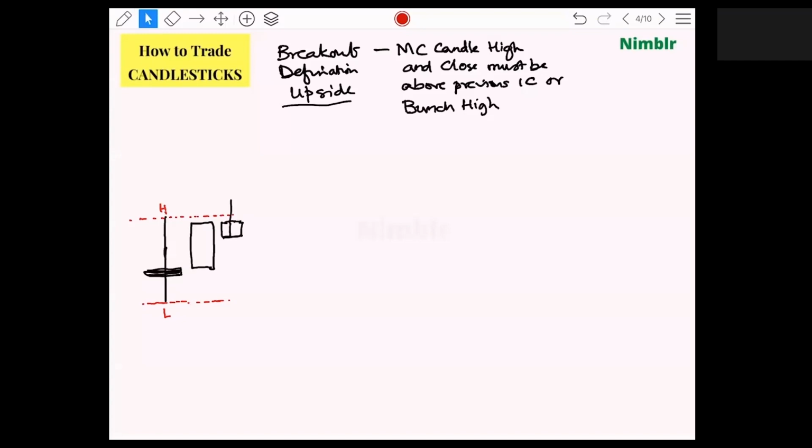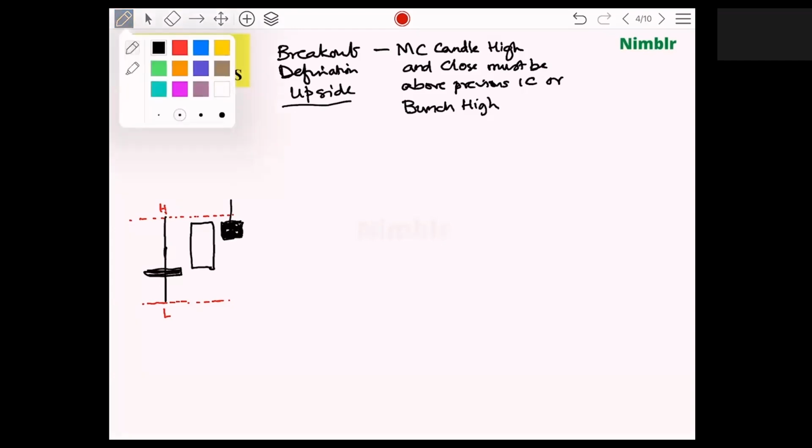Right? So this is what actually happens. And therefore, we say that probably here the candle closing is about here. We say this is what the close is. The next candle begins.